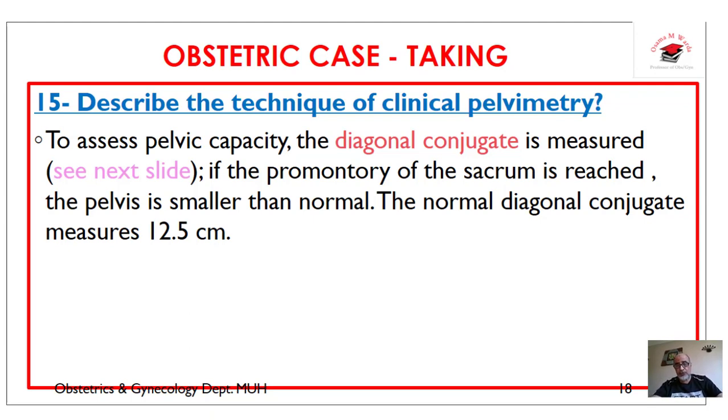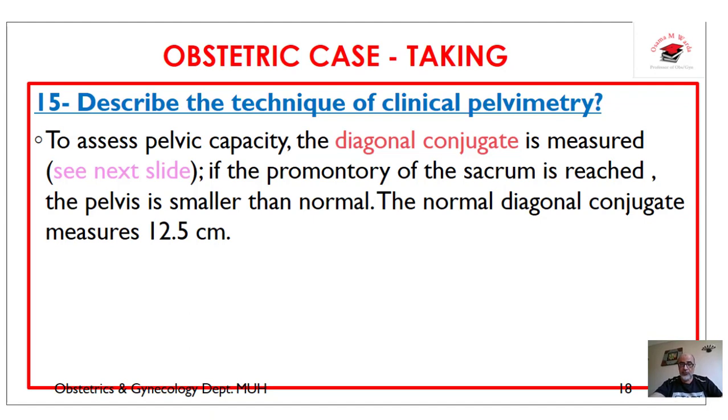If the promontory of the sacrum is reached, the pelvis is smaller than normal, except if the examiner's fingers are extraordinarily long. In the ordinary hand, if the promontory is reached by an adequate examiner's hand, usually the pelvis is smaller than normal.